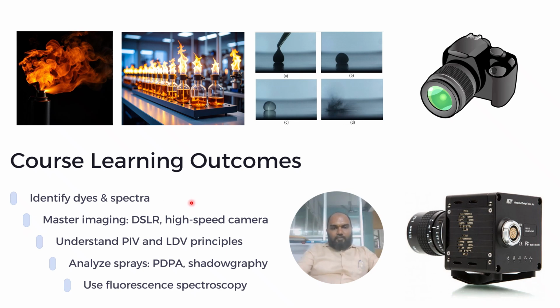Then you'll master how to use a typical single lens reflex camera and high-speed cameras. You'll understand the basic principles behind PIV and LDV, and some part of shadowgraphy and PDPA techniques to apply for sprays. Then finally, some spectroscopy using fluorescence.